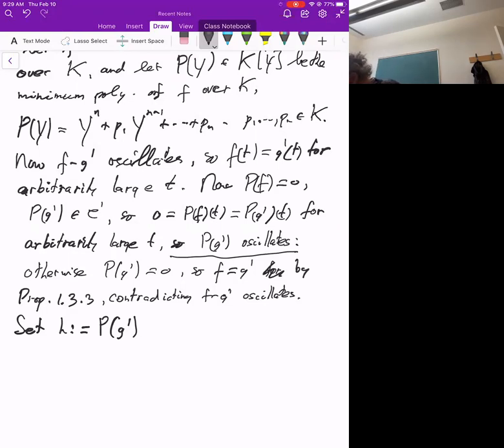Let me see, where am I? Right. But if you have an oscillating C1 germ, then its derivative must also oscillate. So H oscillates, by the underlining.